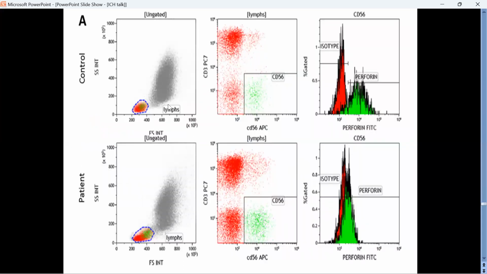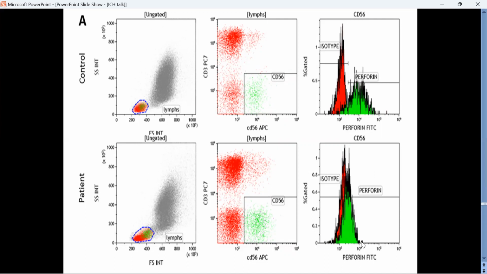Now, this is the case where we gated the lymphocytes, and we selected the NK cell population, which is expressing CD56, and we checked for perforin expression. In the normal population, the perforin is expressed in the NK cells, and this is a patient population where you can find that the perforin is absent.